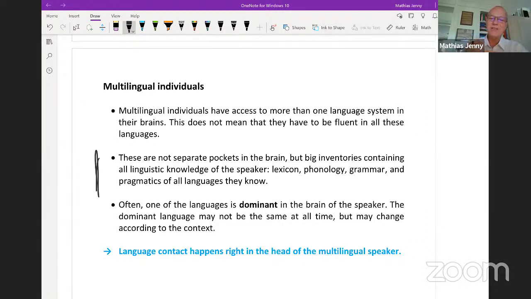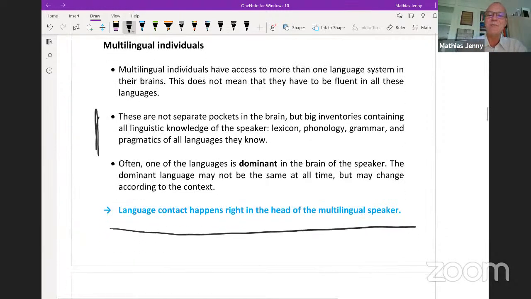You have these languages in your brain, in your head, and that means language contact happens right in your head. Language contact, of course, you can hear it in a society that people speak different languages, but when the languages really come together to influence each other, that's all in your head. That all happens in the brain of the multilingual speaker.